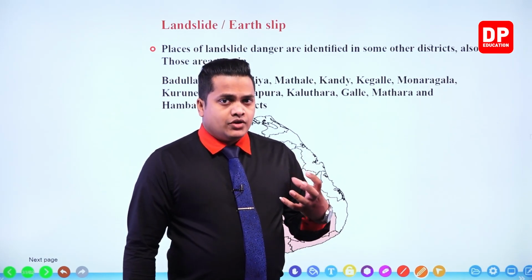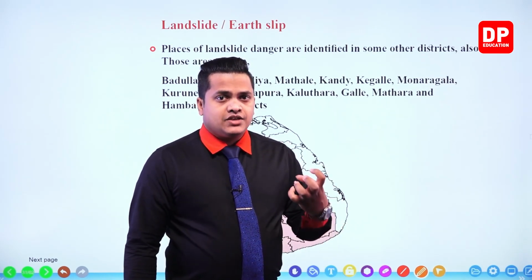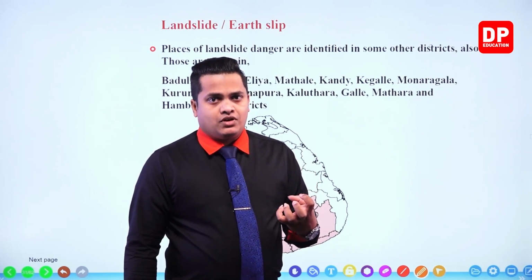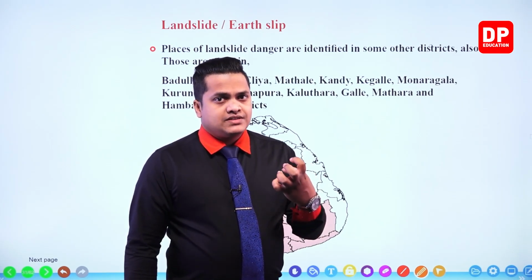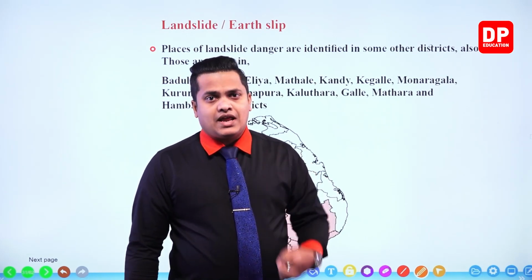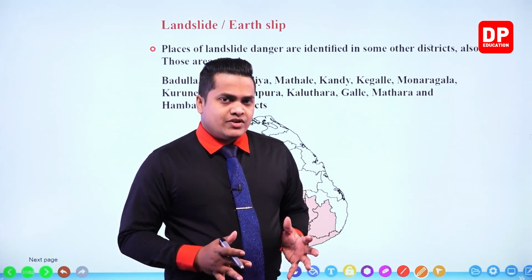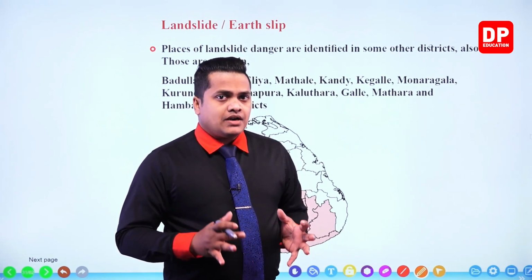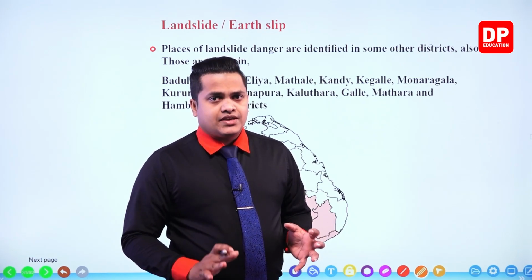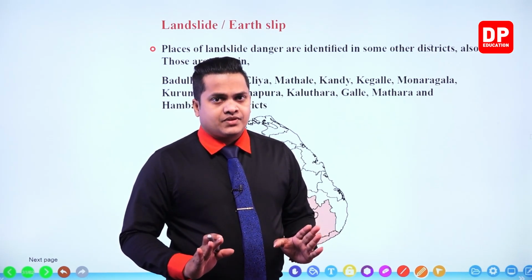In order for water to soak into the soil layers, there should be plenty of rainfall. So rainfall is a must for a landslide. Not only in the hill country, but in other districts and areas too, we can observe landslides.